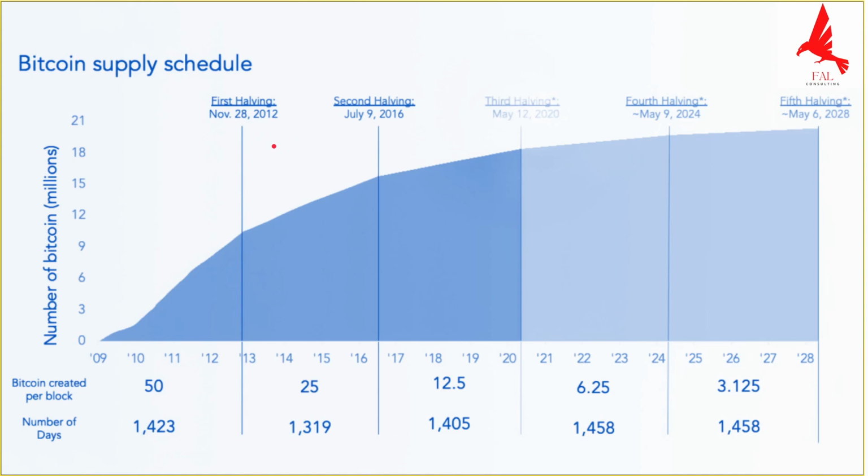And using that metric, we can start to look at the amount of blocks added, the amount of transactions happening on the Bitcoin blockchain, and we can start to measure out when the next halving will occur. The most recent one was on May 12th, 2020. The next one is about May 9th, give or take, 2024. As of right now in 2022, the current amount of Bitcoin created per block and added to the circulating supply is 6.25 Bitcoin.